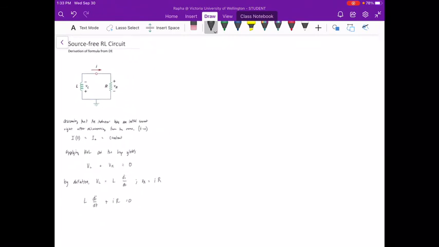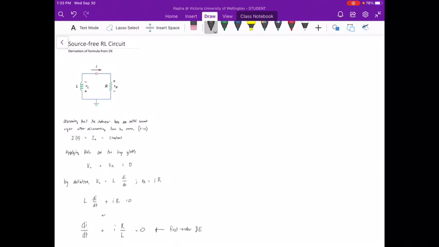or rearranging the terms, di over dt plus I times R over L is equal to 0. This is an indication of our first order differential equation.